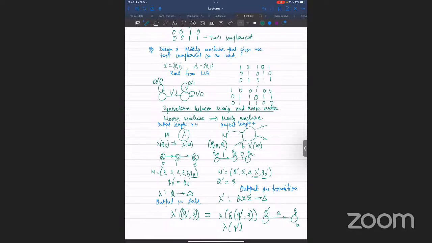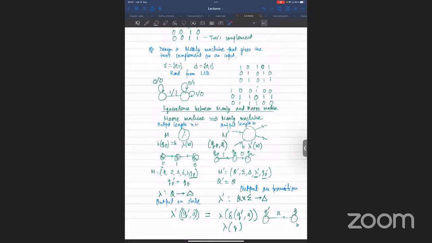Okay. So what we are saying is, if you have a b here, then you would like to put it on the transition. Clear? So you have this lambda, which is an output on the state, and we are constructing the lambda prime, which is on the transition in the case of a Mealy machine.